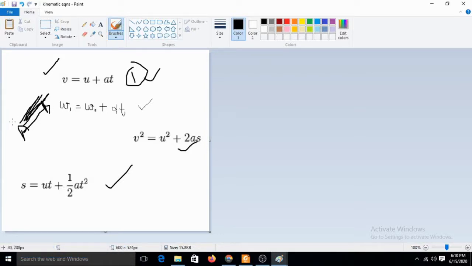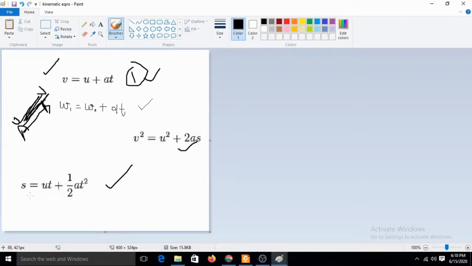When it starts with a particular velocity, it is u, and when it ends with a velocity, that is the final velocity, it is v. For the kinematical equations of motion, we are taking this first equation.